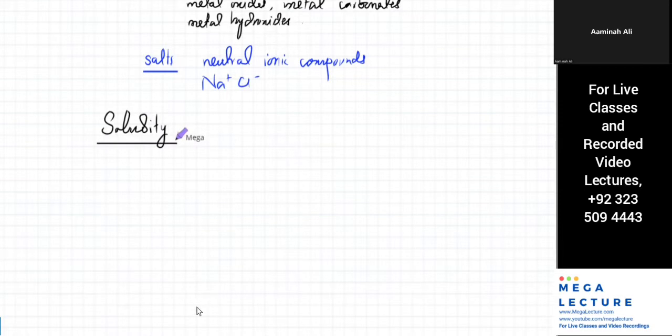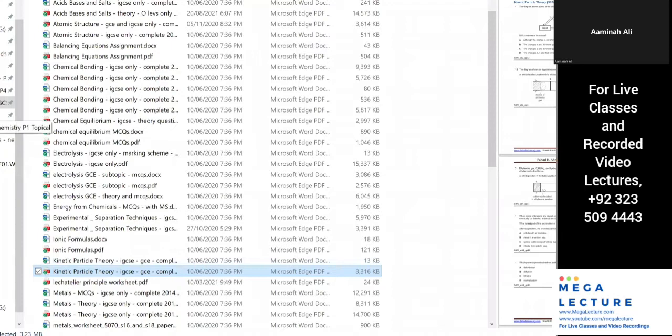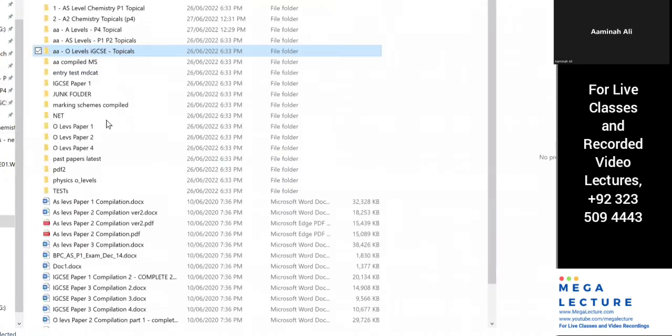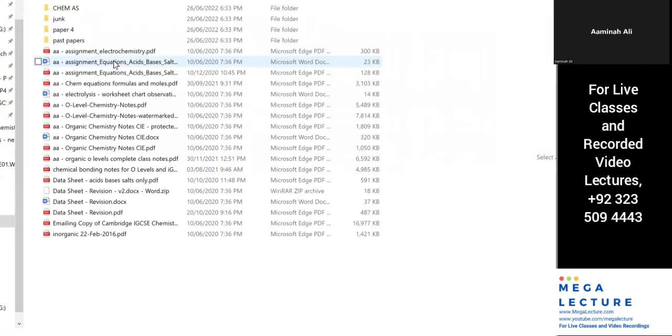I'm just going to copy the solubility table from the data sheet, acid, base, and salts only, right? You must know which compounds are soluble and which are not, because if something is not soluble, no electricity can be conducted.